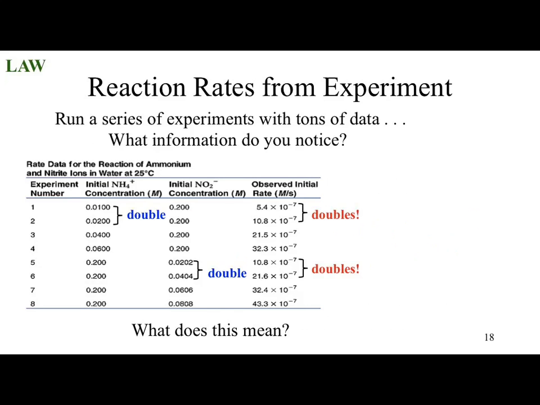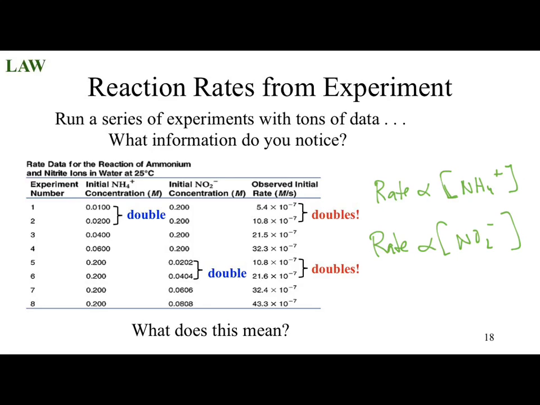So our rate is proportional to the concentration of NH4+, and it's proportional to the concentration of NO2-. So what we need to do is somehow combine those 2 pieces of data into one overall rate expression.